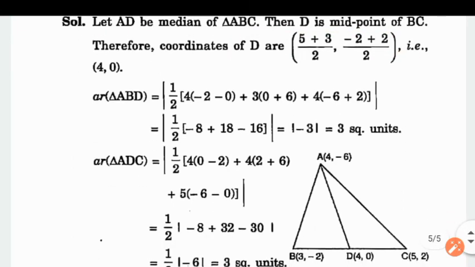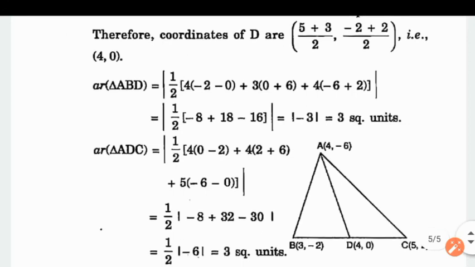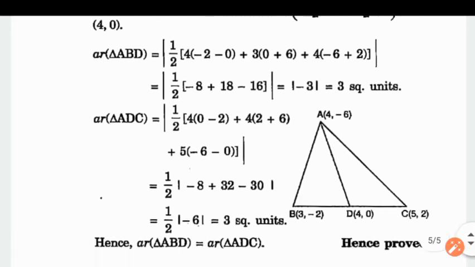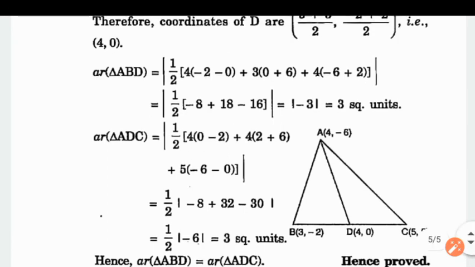Now find the area of the two triangles. One is triangle ABD and one is triangle ACD. Now you know the formula. In this one, see, the modulus has already been used, so the area must turn out positive.